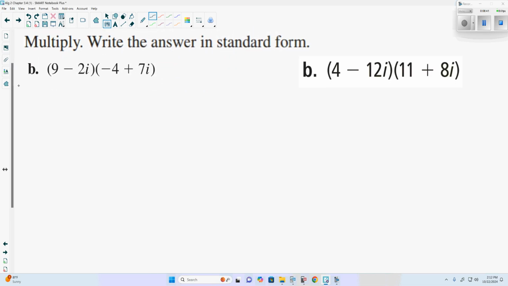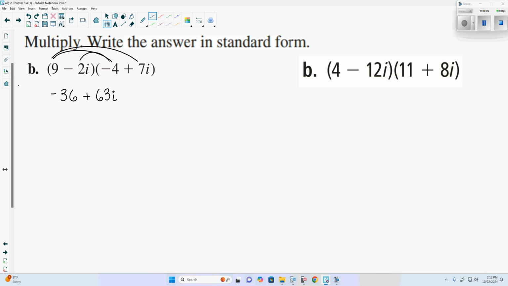So this one here, we don't have a single monomial, a single term times our two terms. But our process isn't really any different, because the first thing we're going to do is distribute the 9. So we'll start off with 9 times negative 4, which is negative 36. 9 times 7i is going to be plus 63i.